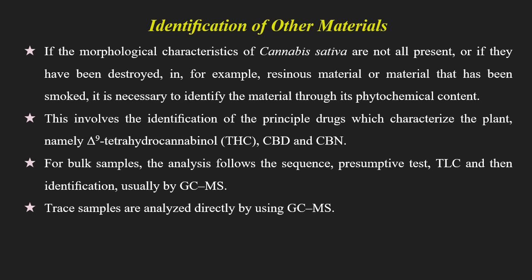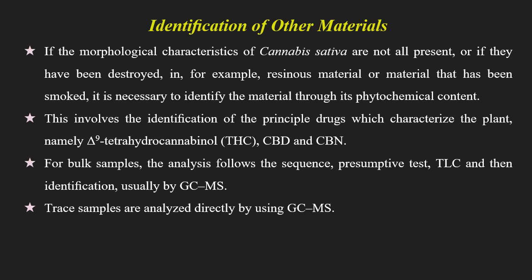If the morphological characteristics of the cannabis sativa are not all present, or if they have been destroyed, for example, in resinous material or material that has been smoked, it is necessary to identify the material through its phytochemical content. This identification involves the identification of three principal phytochemicals: delta 9 THC, delta 9 CBD, and delta 9 CBN.